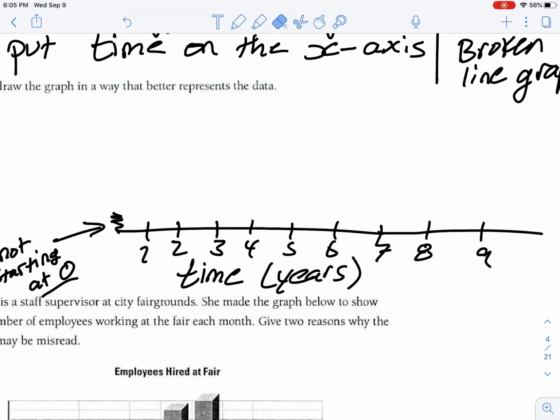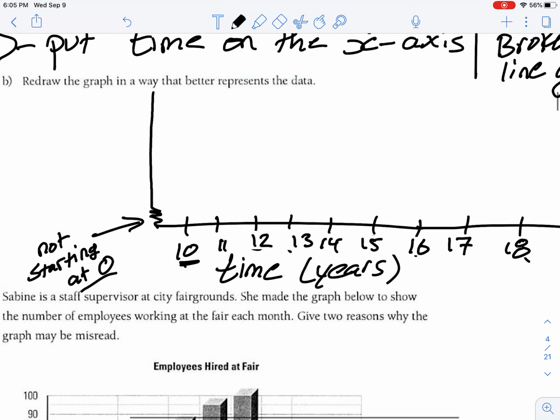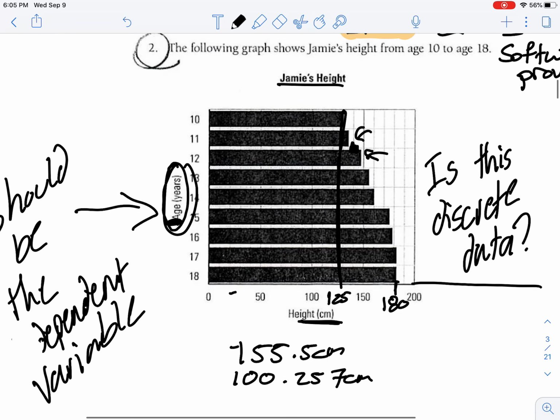And I just realized our timeline, he's starting at 10. So this should be 10, 11, 12, 13, 14, 15, 16, 17, 18. Okay. I'm putting a little crunch there because we're not going to start at 0 centimeters. We're starting to collect our data when he's already 10 years old. So he's already at how much height?